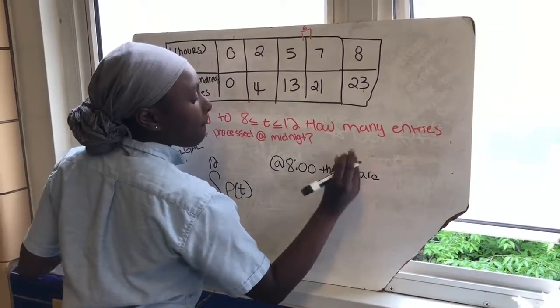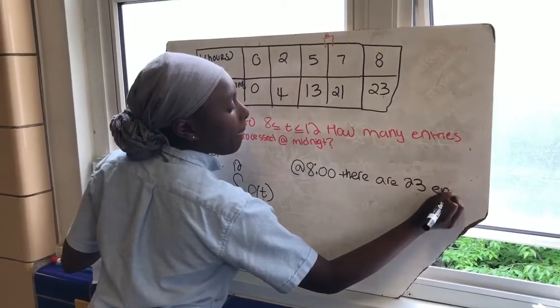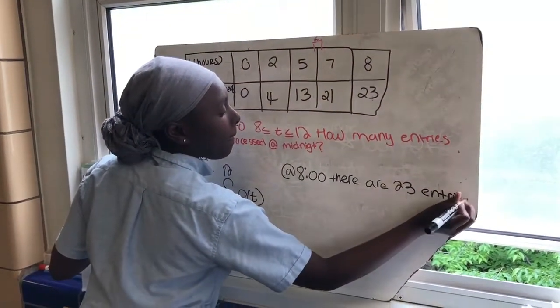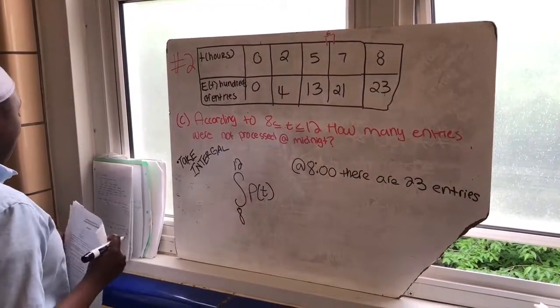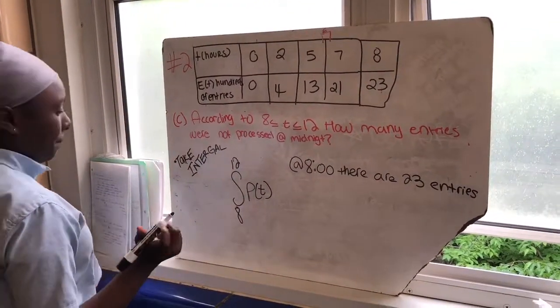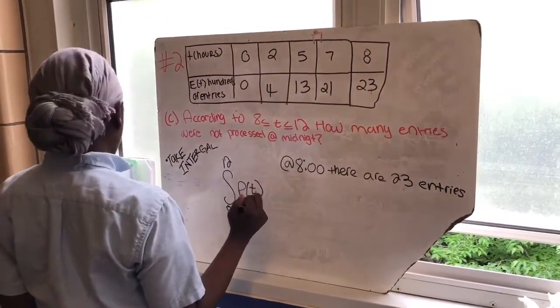T equals 12. So for this question, you have to take the integral first. Don't forget to take the integral. So you do the integral from 8 to 12 of P of t.